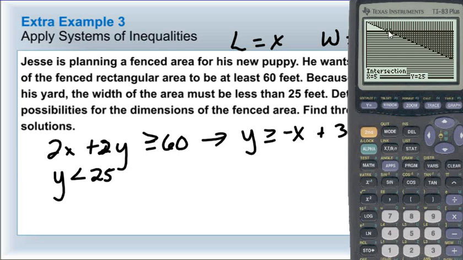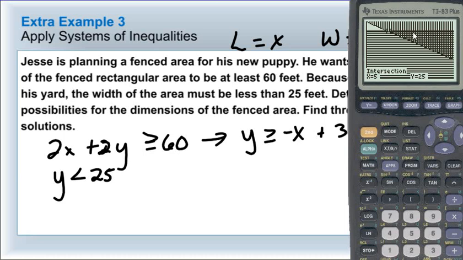So the x has to be more than 5, and the y has to be less than 25. So we know anything over here is more than 5. And then it has to be less than 25 here.